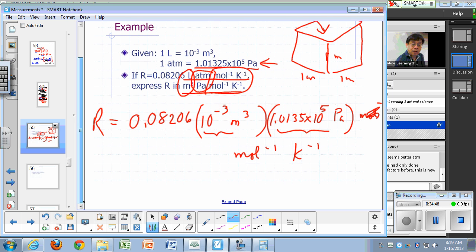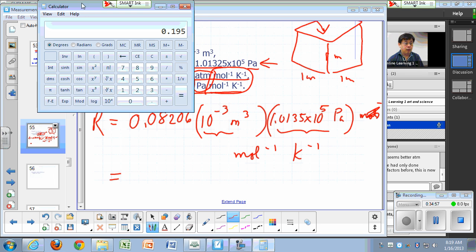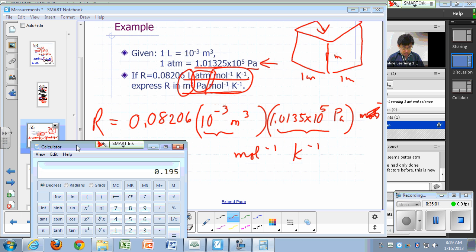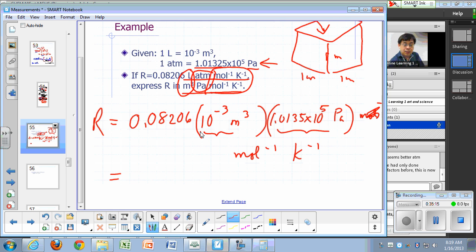So if you did this, what number would you get? Let's see. 0.08206 times 1.01325, that's 0.08314, times 10 to the negative third and 10 to the fifth.